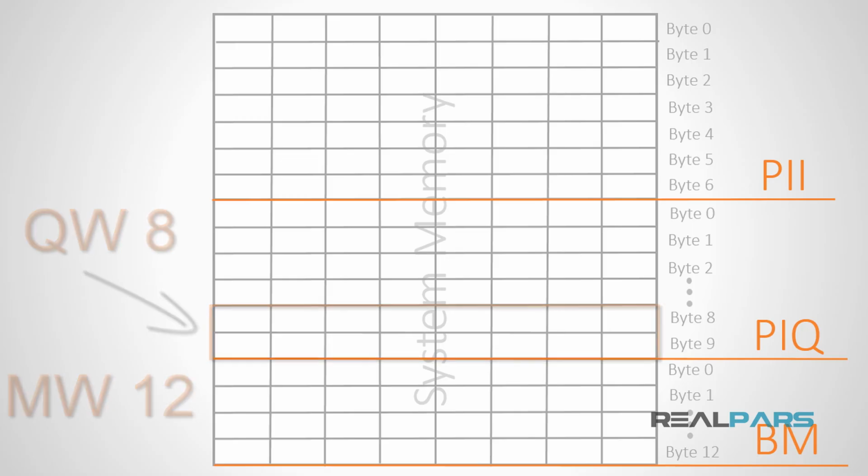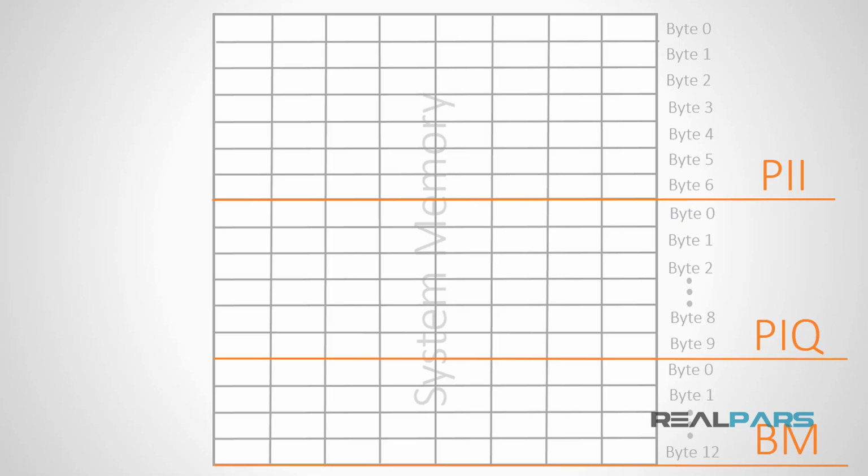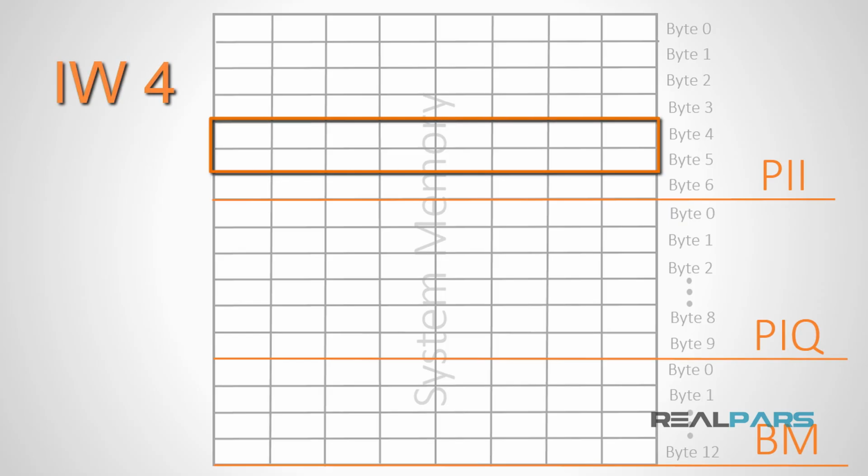The point in addressing using the word method is that we should select the word number such that there won't be an overlap between the addresses. What does this address overlap mean? I've already explained. If we consider IW4 as an address, we have selected bytes number 4 and 5 from the PII environment.